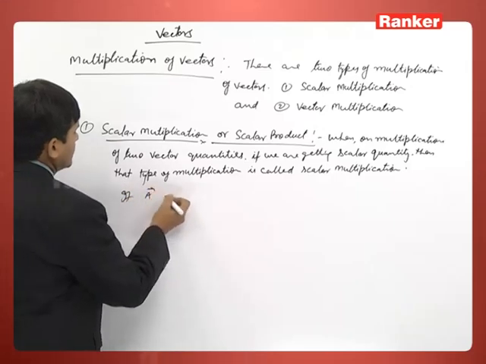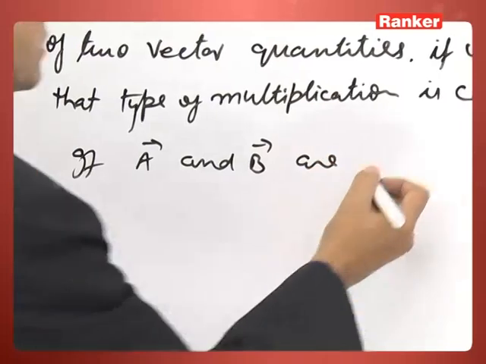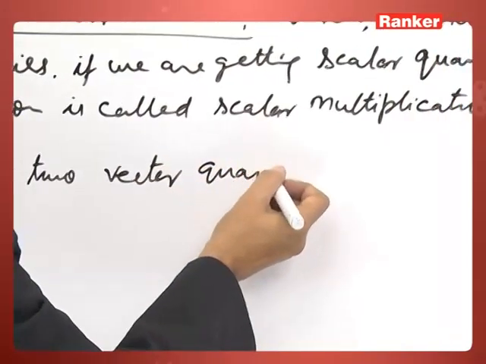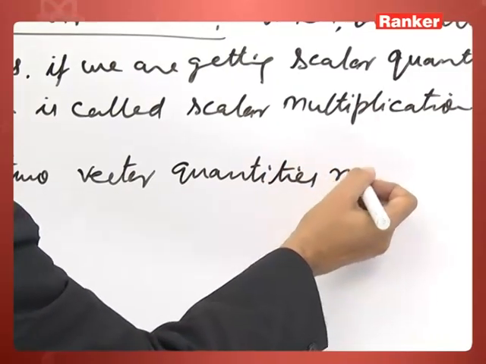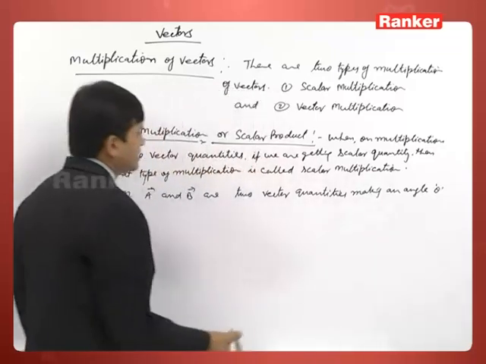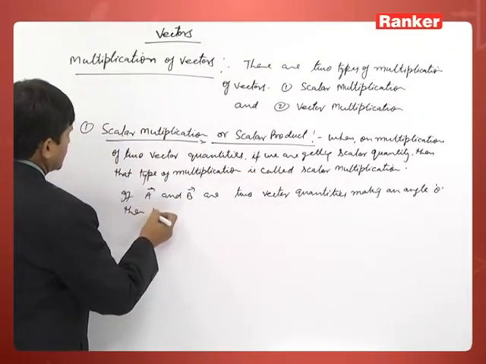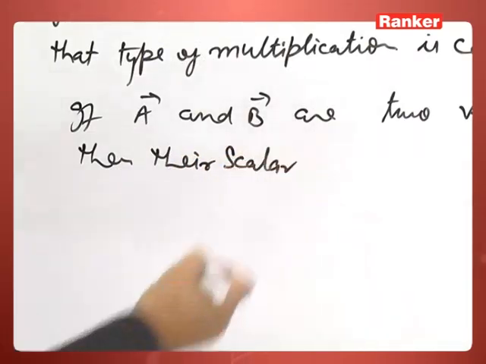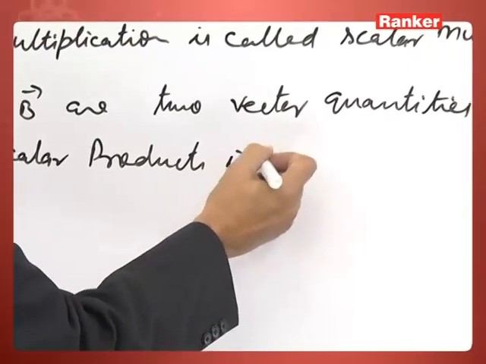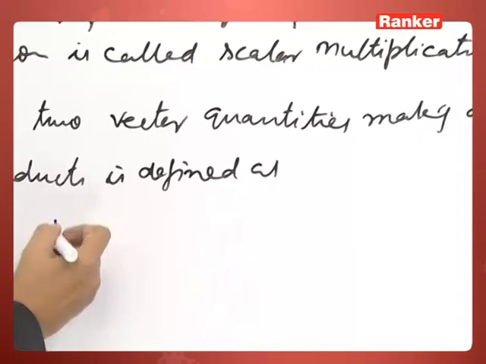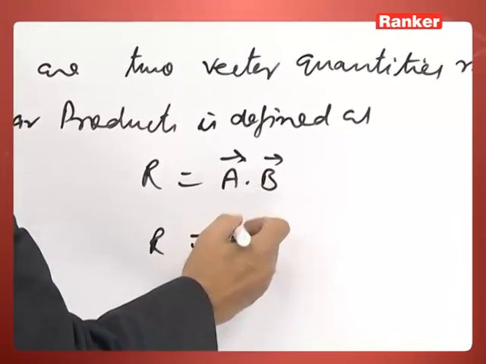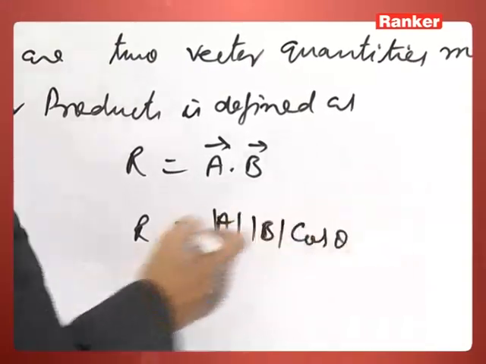If A and B are two vector quantities making an angle theta, then their scalar product is defined as R equals A dot B, or it is written as mod A mod B cos theta.